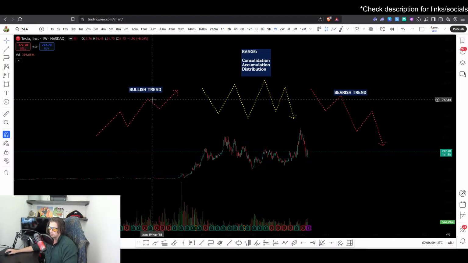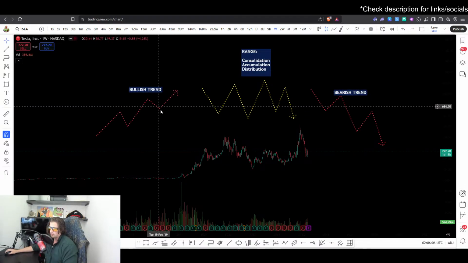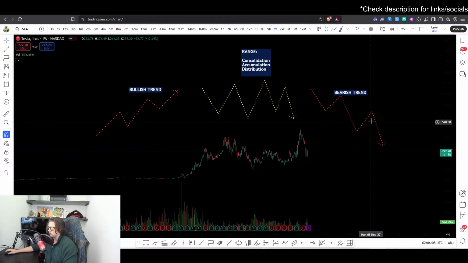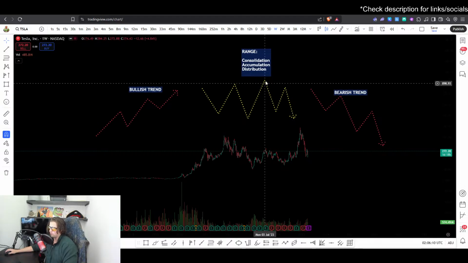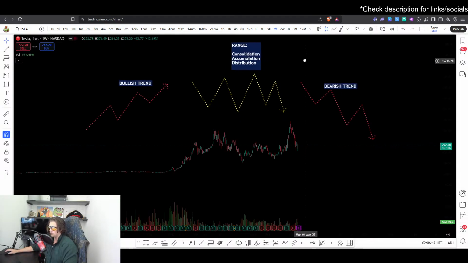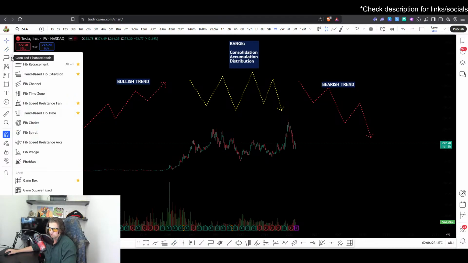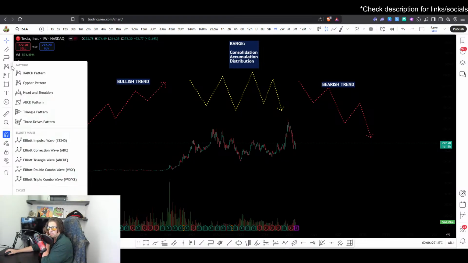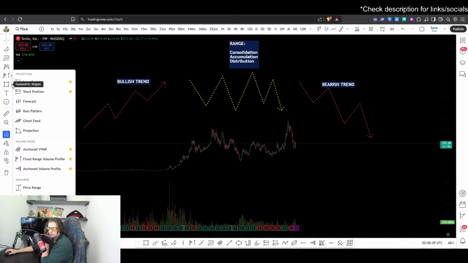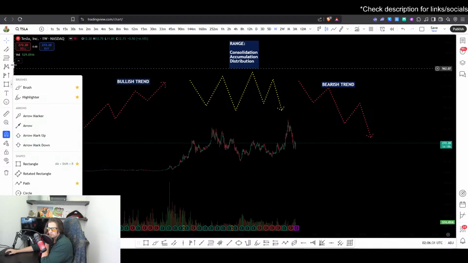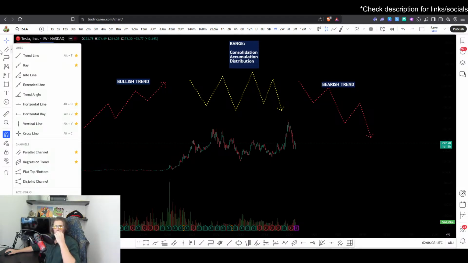If you can understand when the market is trending bullishly and how that looks, or when the market is trending bearishly and how that looks, or how the market is in a range. And also a range, you can look at this tool over here called the parallel channel. It's up here, top left.